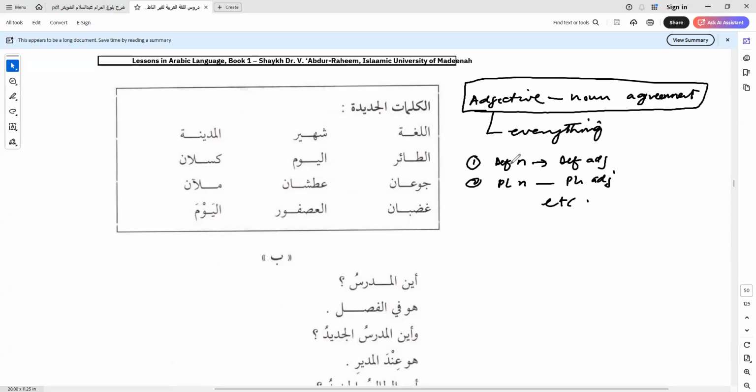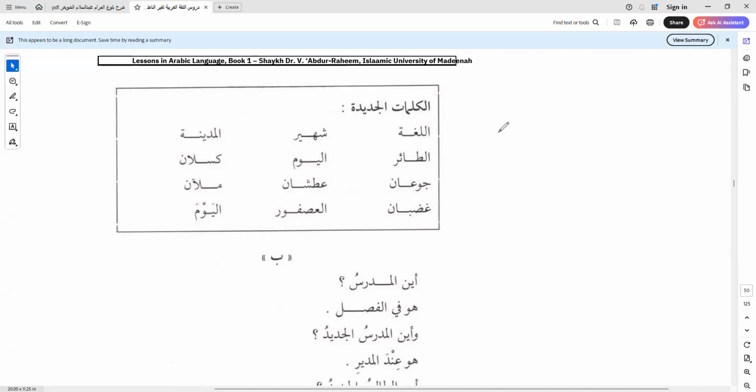So there must be an agreement. If the noun is an indefinite noun, then the adjective too is indefinite. Very, very important. If the noun is dual, that is a pair, then the adjective is also a pair, right? It's very, very important. So let's delve into the next section of the book.